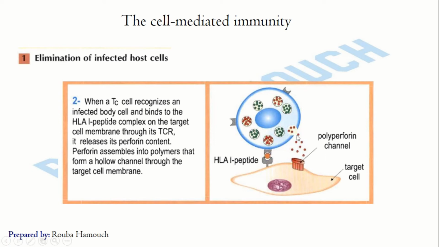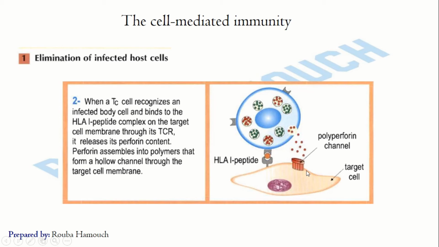Perforin assembles into polymers that form a hollow channel through the target cell membrane. It's the polyperforin channel. This channel will help the granzyme to migrate towards the cytoplasm of the infected cell. So the first step is the release of perforin to create a polyperforin channel through the target cell membrane.